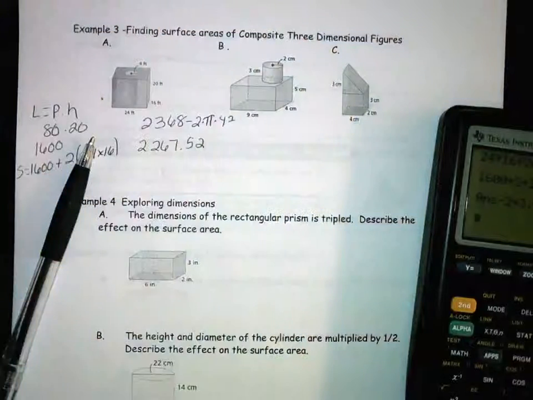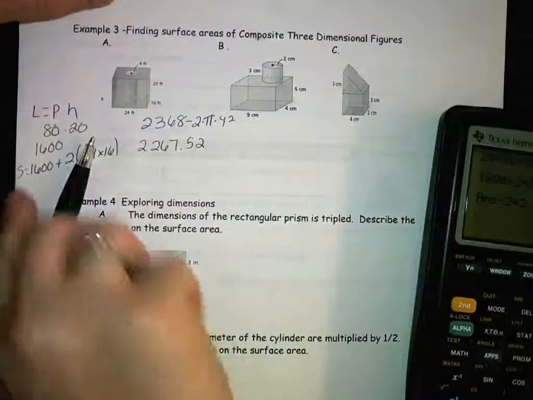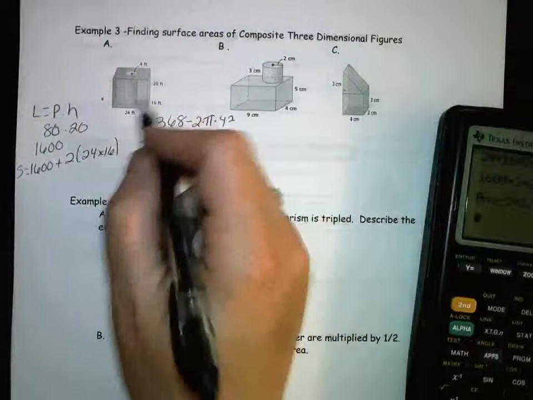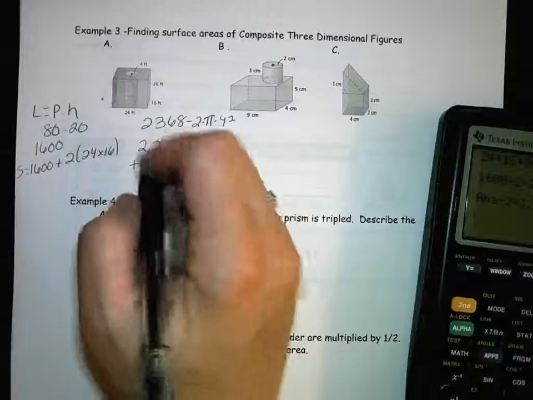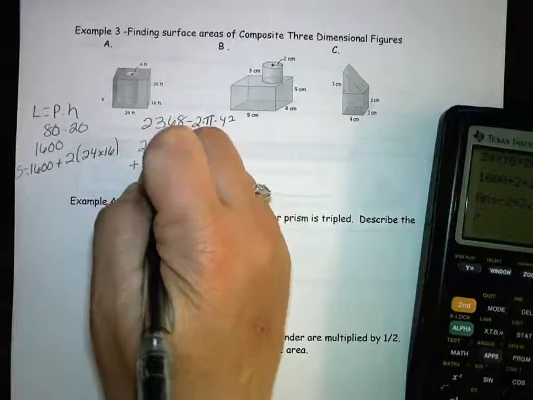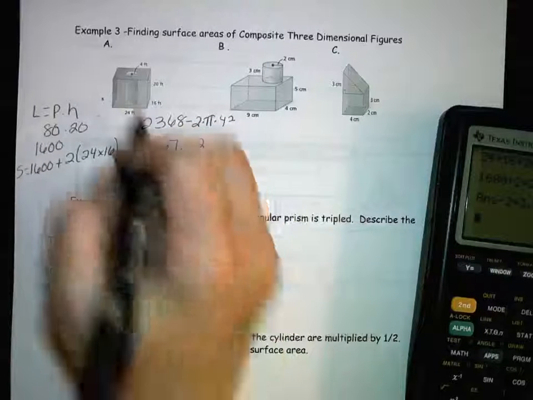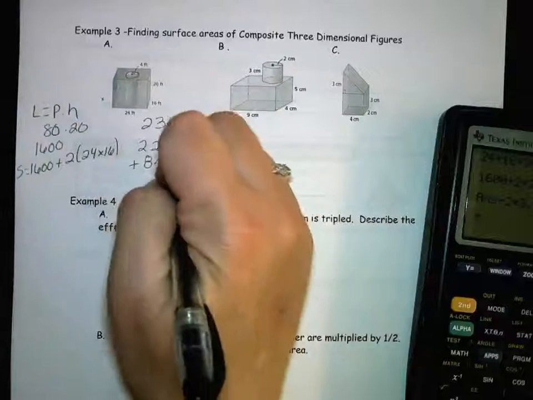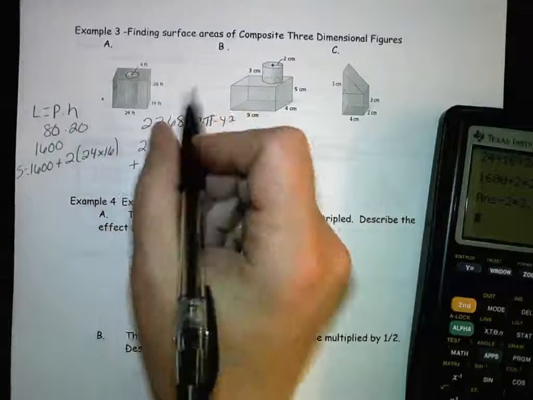So we took the total surface area, subtracted those two circles, but now that lateral area, this part right here on the inside, we need to add that. So we need to add the circumference, which is diameter, which is 8 times pi. So that's the circumference of the circle times the height, which will be 20.